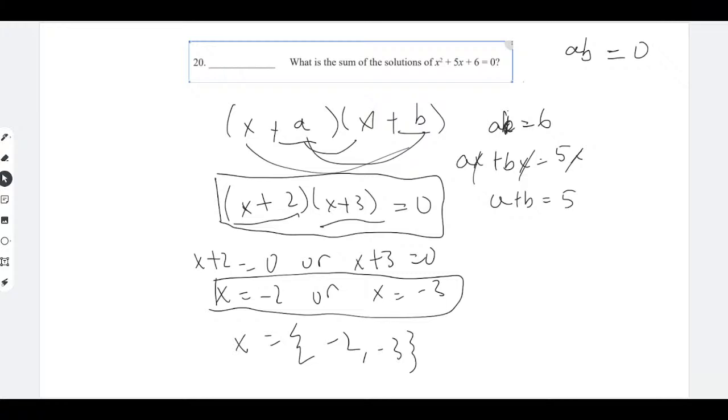We solved that x is equal to -2 or x is equal to -3. These two numbers are my solutions to the equation, right? Oh, -2 and -3, so would I just have to add -2 and -3 together? Yeah. Oh, okay. I thought it was more complicated than that. So it's just -5? Yeah, it's just -5. Okay. Sorry, I was confused.